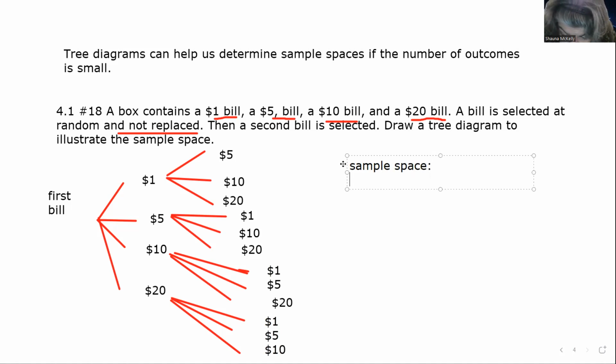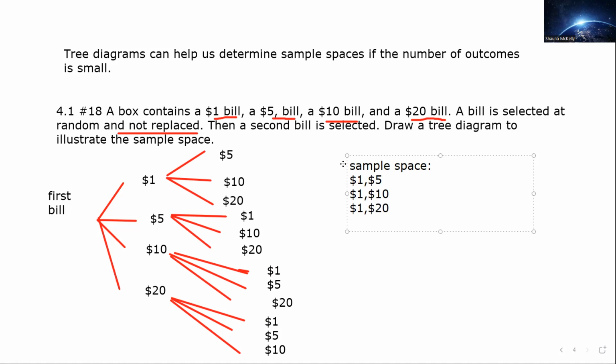It's going to be $1 and $5, then I have $1, $10. And then I have $1 and $20.